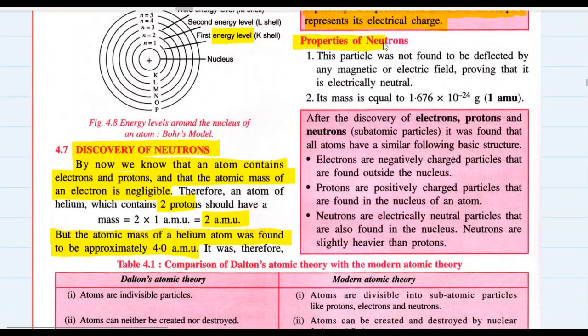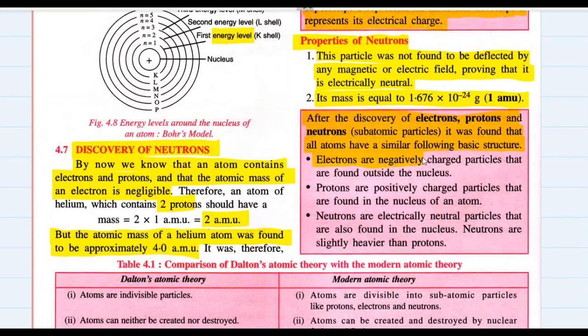What are the properties of neutrons? The particle was not found to be deflected by any magnetic or electric field, proving that it is electrically neutral. Its mass is equal to 1.676 × 10^-24 gram, which is almost equal to the mass of a proton. After the discovery of electrons, protons, and neutrons, the subatomic particles, it was found that all atoms have a similar basic structure.